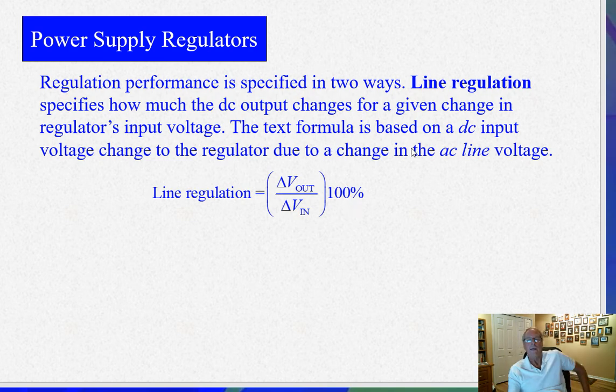And this says that it's based on a DC input voltage change to regulator due to a change in AC line voltage. Yeah, okay, that's for an AC to DC power supply, but there's a lot of applications where you're going DC to DC. In other words, you might want to drop 12 volts DC down to 5 volts DC, like in your automobile or something, your car. Take your car battery.